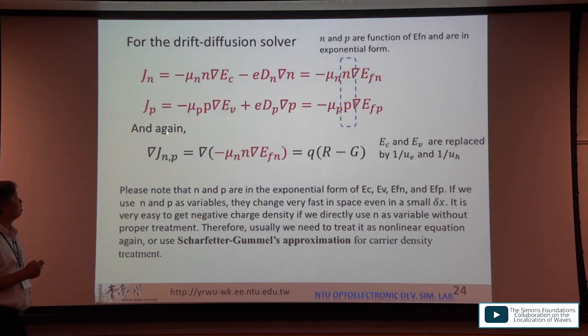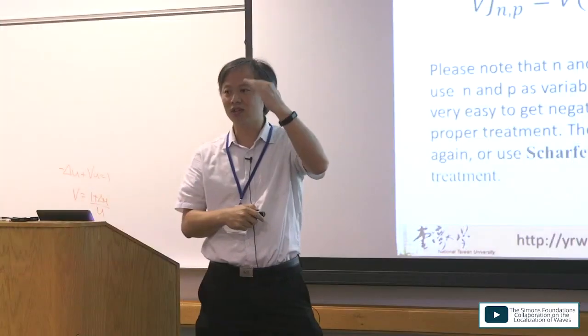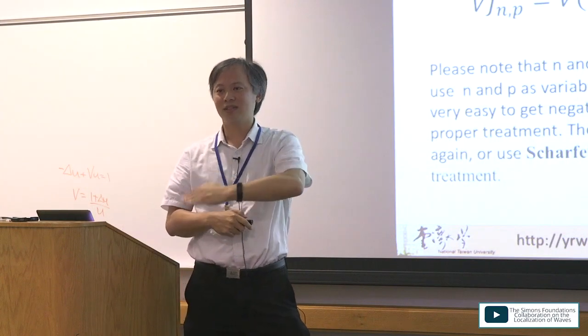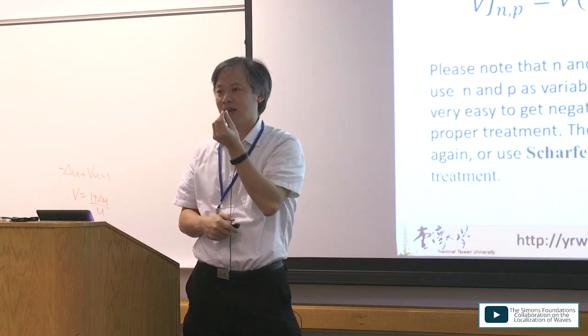Then the final part is drift diffusion. Drift diffusion is even more difficult to solve because this is mu n divergence EFN. If you choose n as a variable, like in a PN diode, imagine going from P to N: the carrier density in the depletion region changes by orders of magnitude, even over a small space.